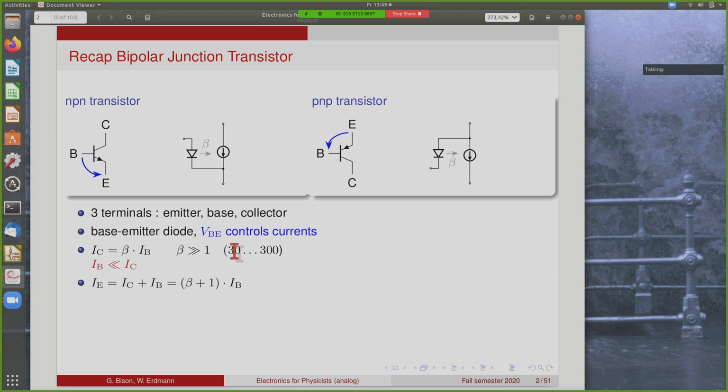Sorry, I have some audio problems here. The current gain is for bipolar transistors typically between 30 and a few hundred.